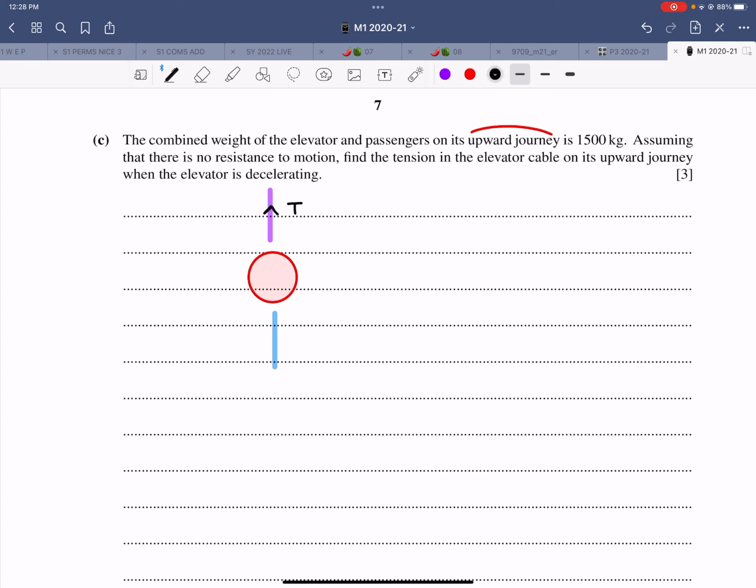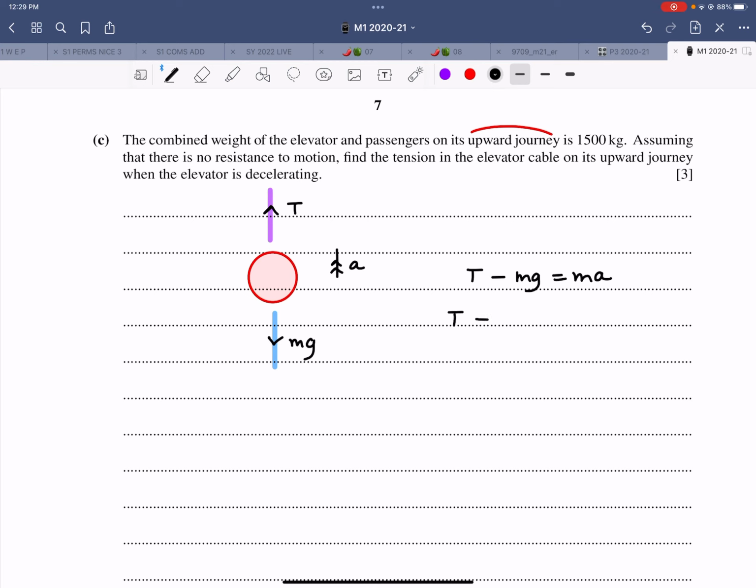So this is the tension, this is the weight, it's going up, irrespective of whether acceleration is positive or negative. So therefore T minus mg is equals to mass into acceleration.